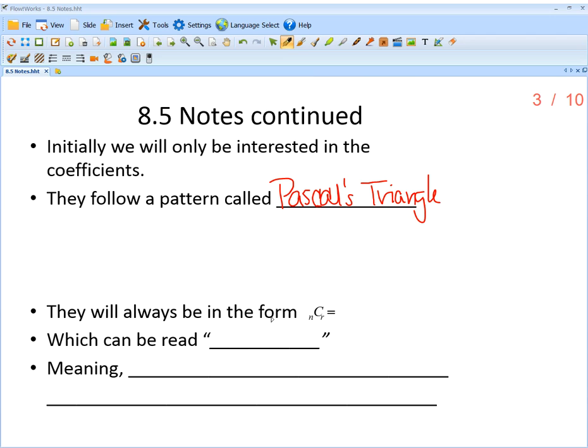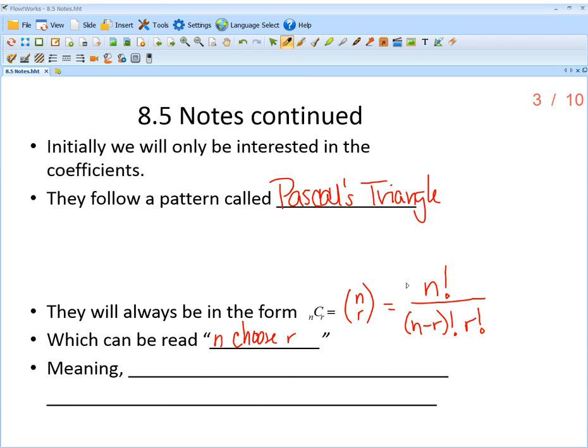They're also always in the form of n choose r. It can also be written as n over r in these parentheses. And the way that is calculated is n factorial over n minus r factorial, r factorial.